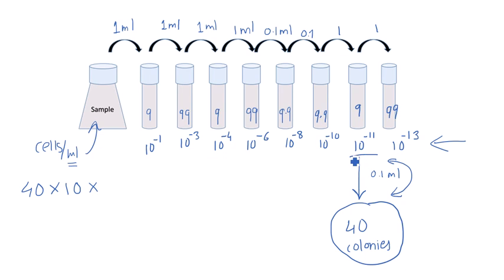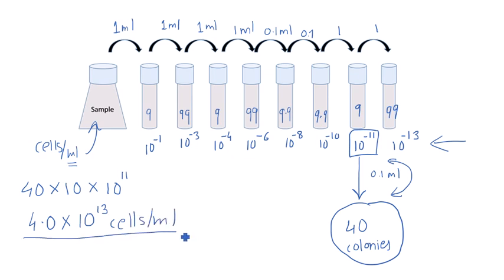And then the dilution factor of your tube, which is 10 to the power minus 11 here, so you are going to do times 10 to the power 11. So if you do the calculation, that's 10 to the power 12 considering this, and then one more 0, 10 to the power 13. So it's going to be 4.0 times 10 to the power 13 cells per ml. That is the number of cells in your original sample, original 1 ml.